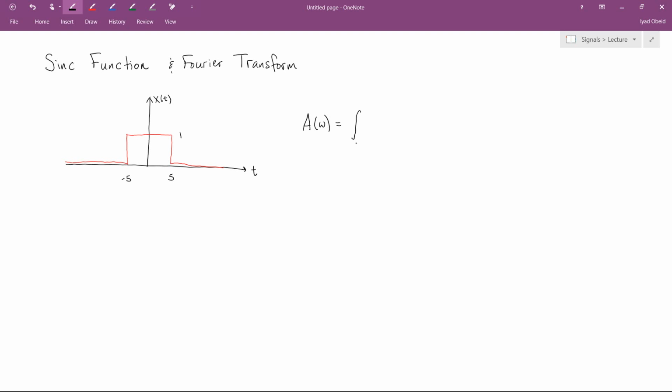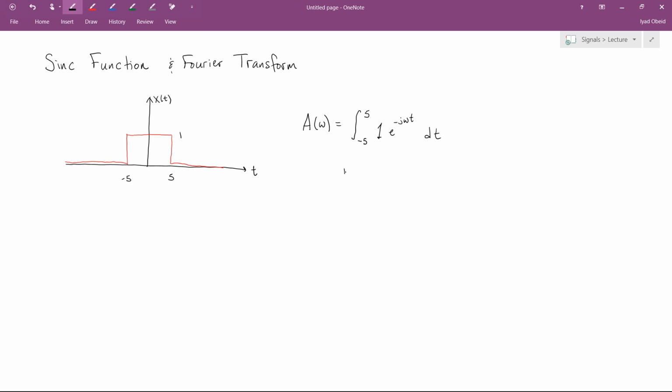So again, remember that I'm integrating over all time, but there's really nothing to integrate outside of the region from t equals -5 to 5, because outside of that it's 0, so there's nothing to integrate. So my integral over all time is really just going to simplify to -5 to 5, of x of t, which is 1, e to the minus j omega t dt.